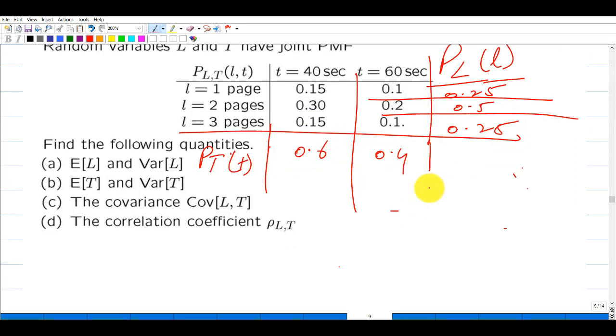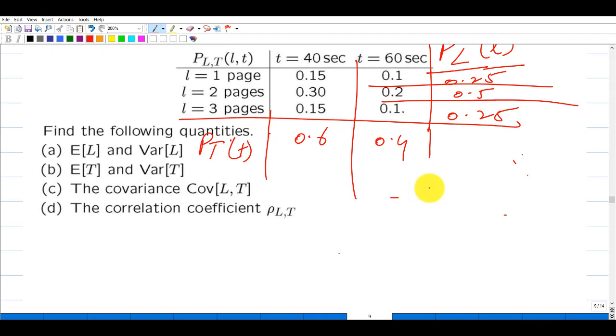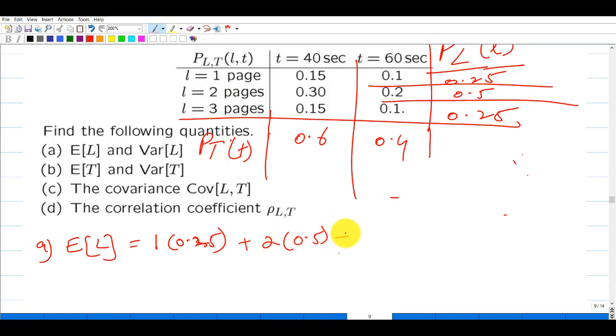Now it says to find the expected value of L and the variance of L. We know that the expected value of L is the summation of x times the PMF of L. So that will be 1 into 0.25 plus 2 into 0.5 plus 3 into 0.25.